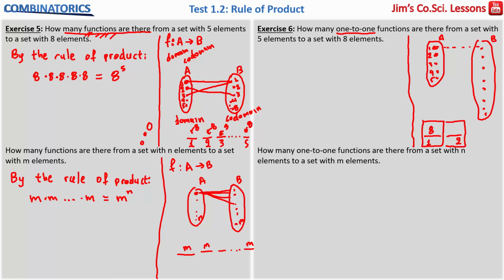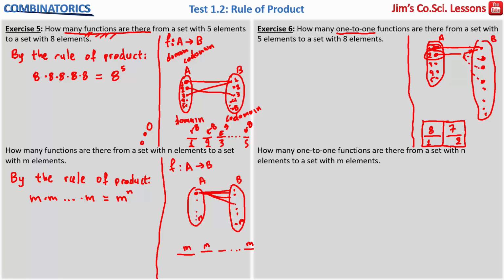Now see that whatever element the first element chose, the second element can be associated with any of the other elements except for the first one. So the second can go to any of these 7 elements, but it cannot go to the element that was picked by the first element of set A. So there are 7 picks, and I want you to confirm the rule of thumb that there was in the rule of product.